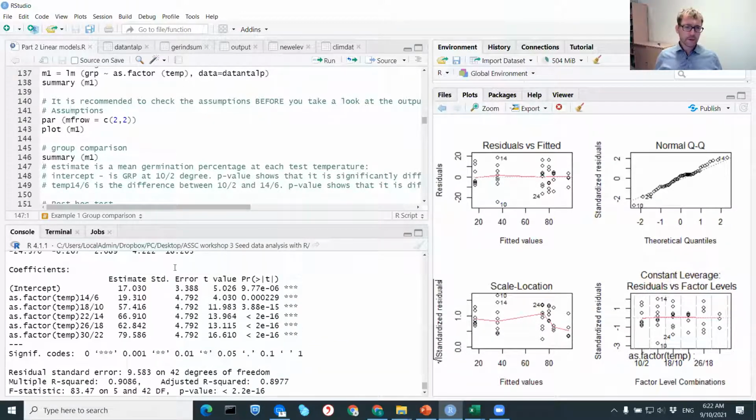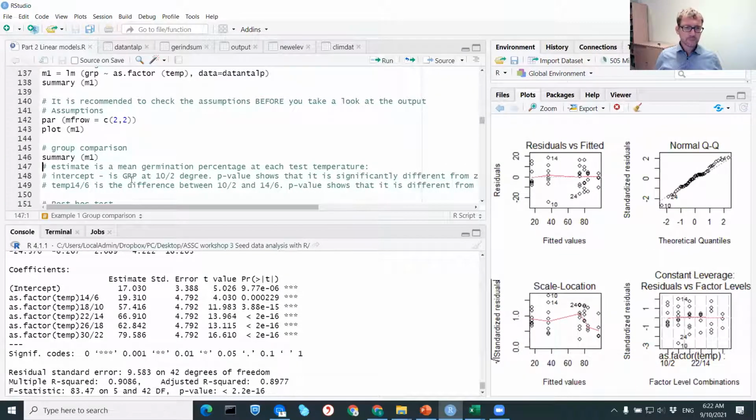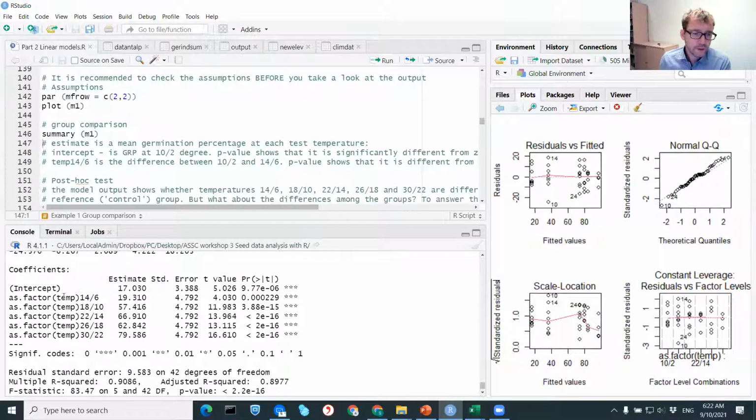So now let's break down this kind of complicated estimate. Intercept. Usually you can see that here we have different test temperatures, 14 degrees, 18, 22, 26, and 30, but the temperature 10.2 is missing. It's hidden here behind this intercept. And when you compare groups using the LM framework, there will always be a so-called reference group.